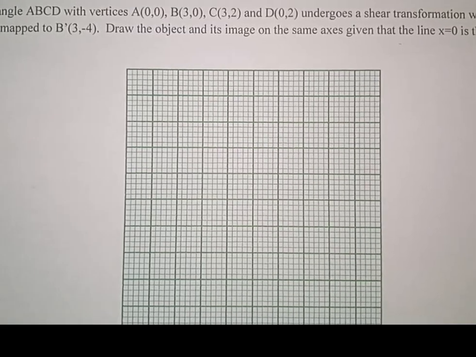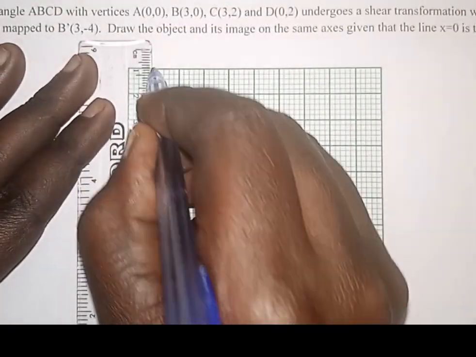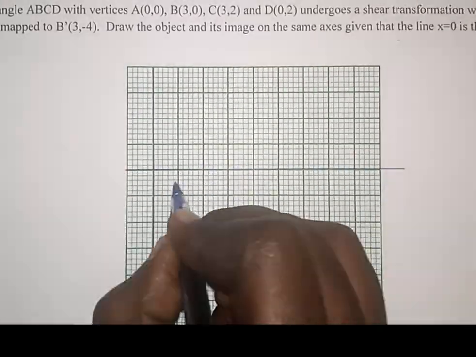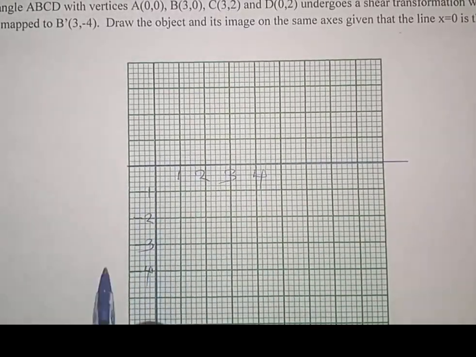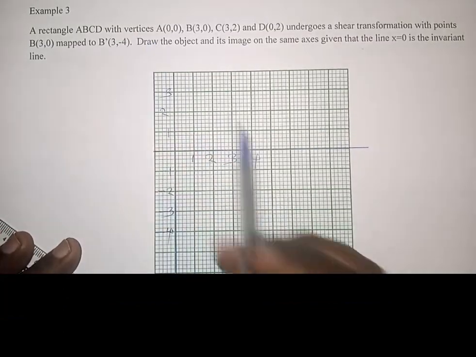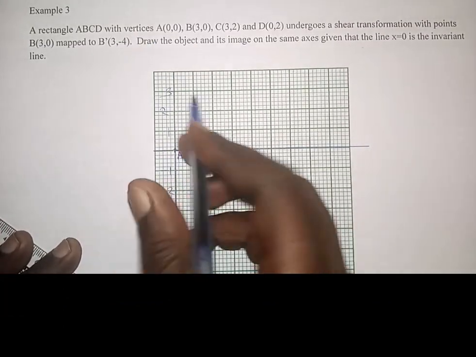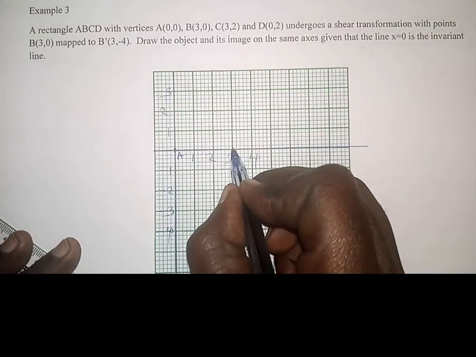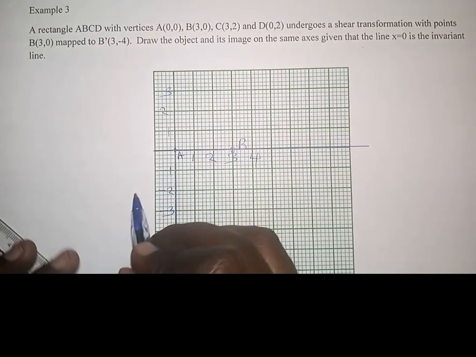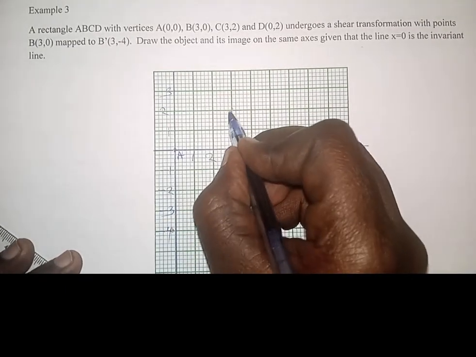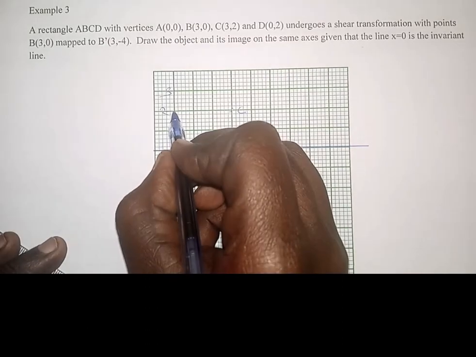Start by drawing the Cartesian plane. Point A is (0,0), point B (3,0), point C (3,2), point D (0,2).